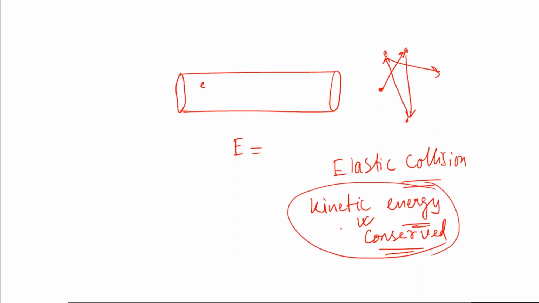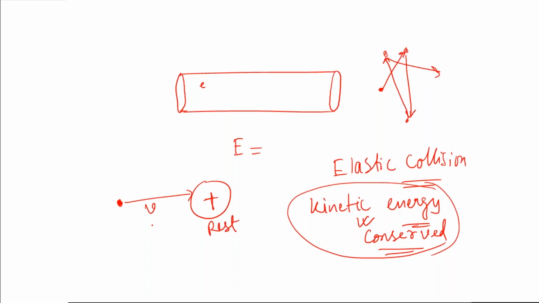Because of this elastic collision, I have a massive positive ion core, and my tiny electron goes there with velocity v and collides with it. The ion core is almost stationary, at rest.